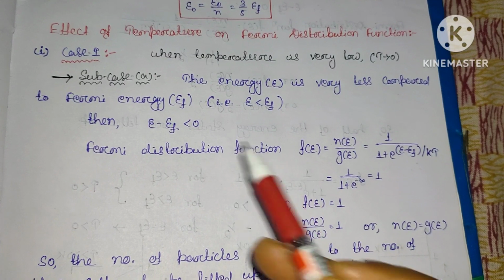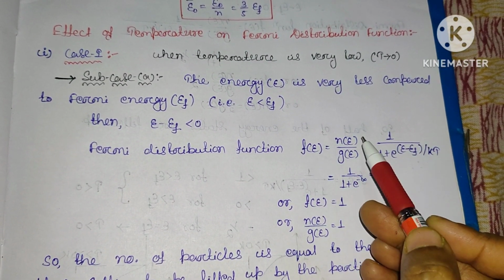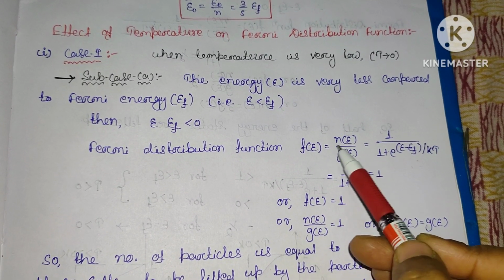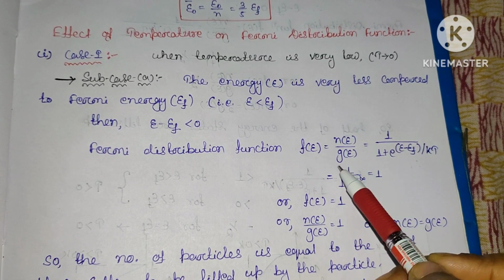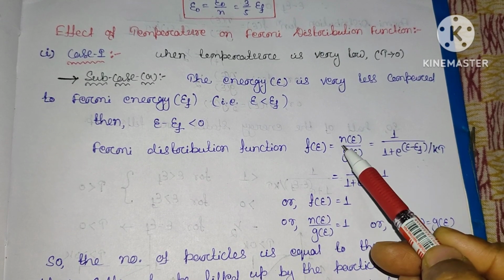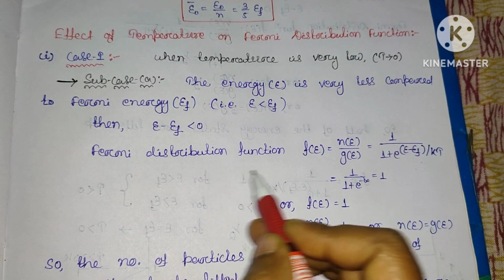In that case, if we consider the Fermi distribution function, f of E equals n of E divided by g of E. This n of E is the total number of particles, and g of E represents the degeneracy. So n of E divided by g of E gives the total number of particles per cell.